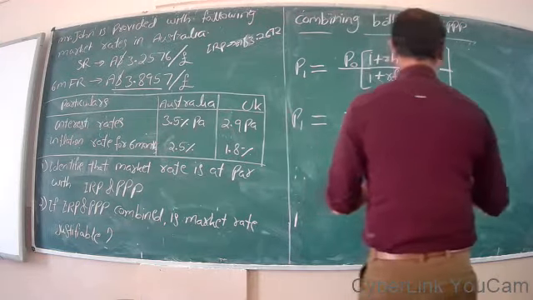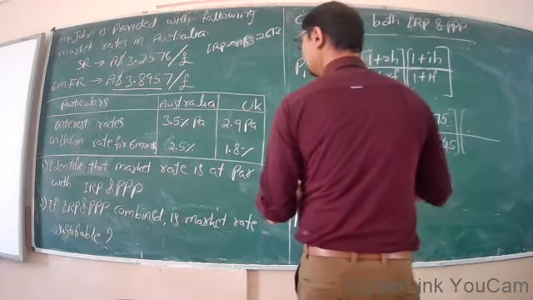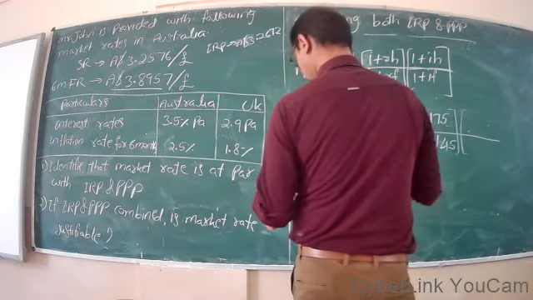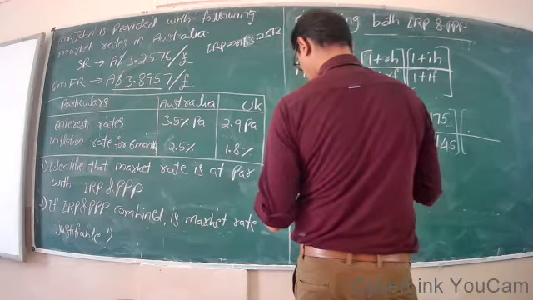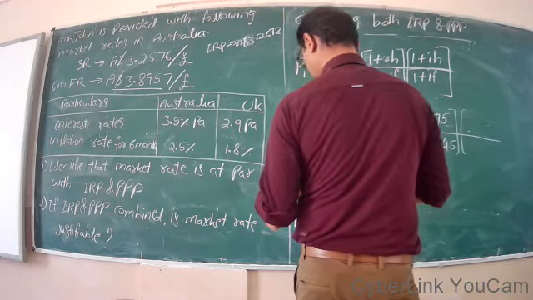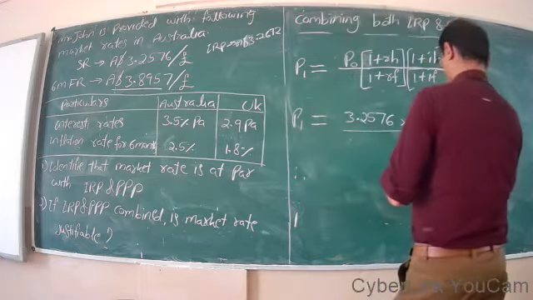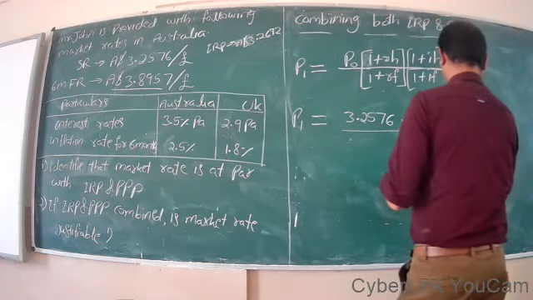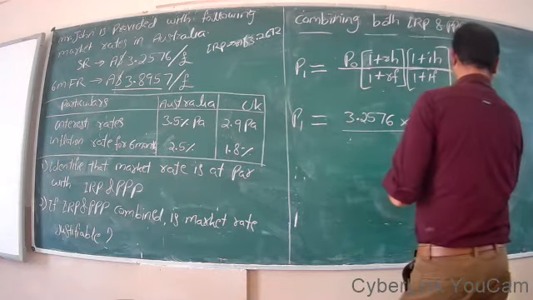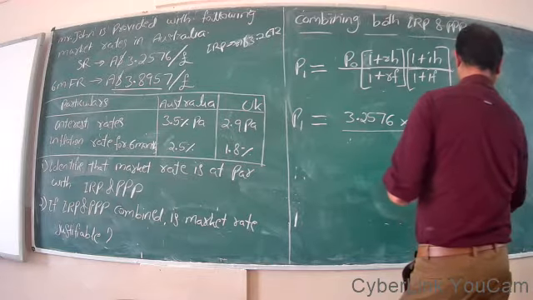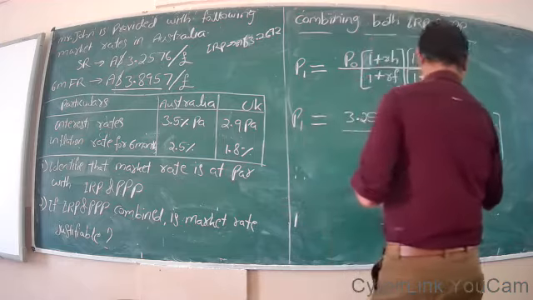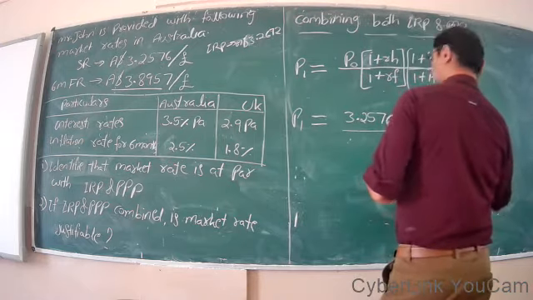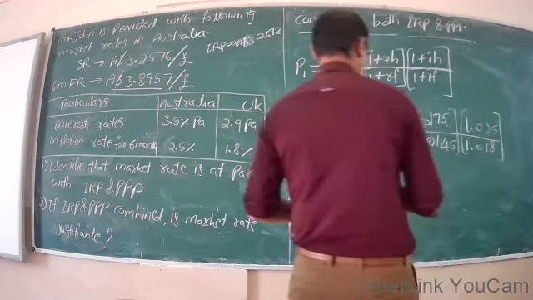That should be multiplied with inflation in home country, 1.025, divided by inflation in foreign country, 1.018.